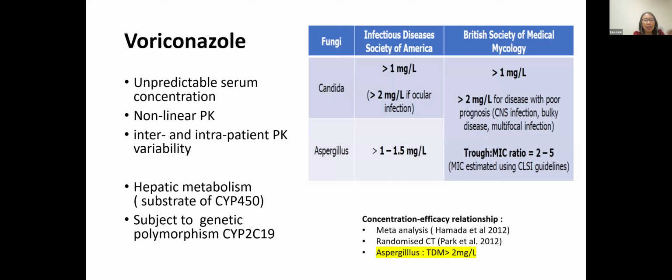Therefore, genetic polymorphism of CYP2C19 has a great impact on voriconazole concentrations. So when you're using voriconazole to treat systemic infection, it's very important that we monitor the therapeutic drug level carefully, based on the available guideline on the acceptable range of TDM.